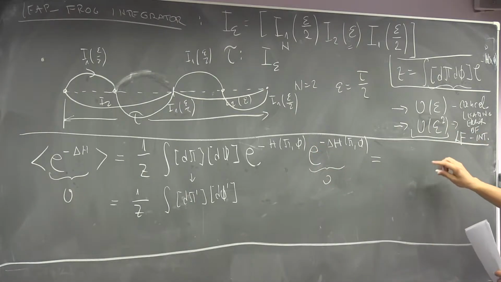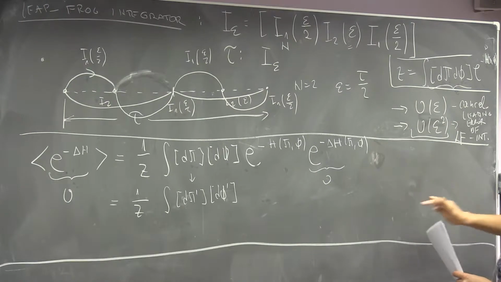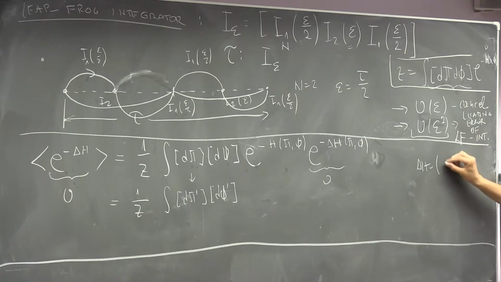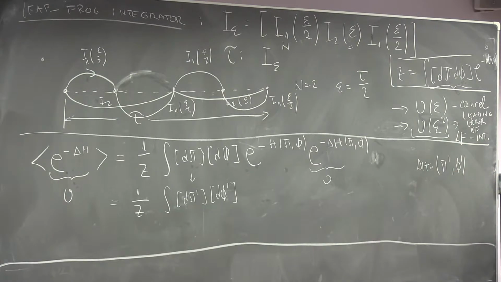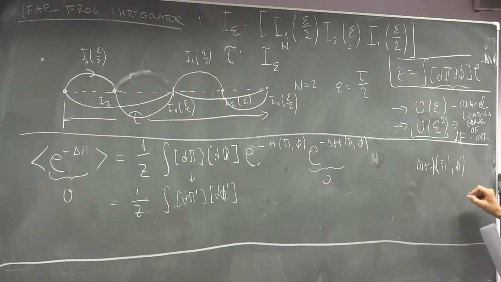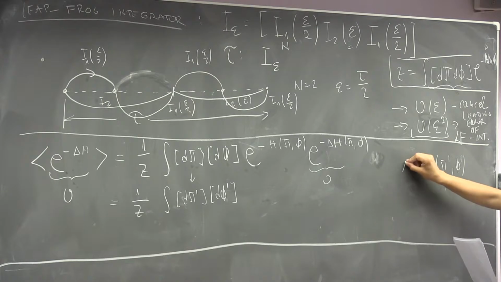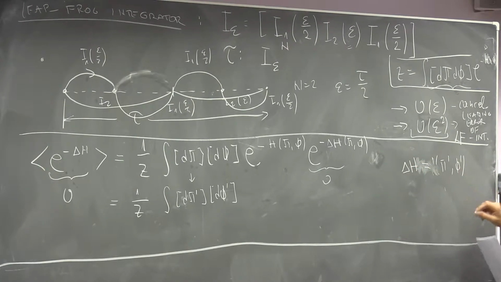So if delta H equals the Hamiltonian evaluated at pi prime, phi prime, if these are the momenta at the end of the trajectory. Let me write this down a bit more clearly.